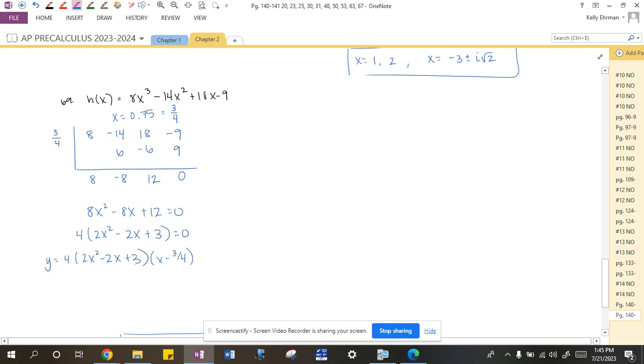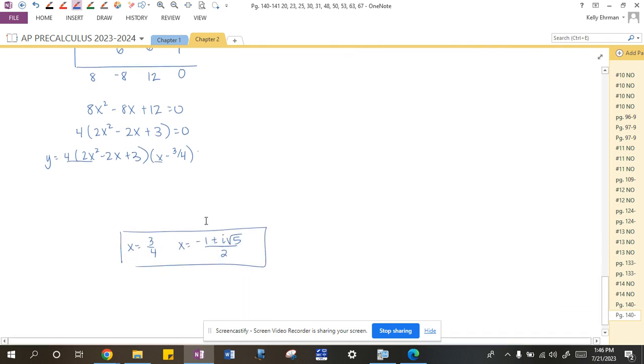This is just a side note. That's because this will already get me 8x to the third. If I made it 4x minus 3, I think I said it backwards last time. If I made it 4x minus 3, then I would be multiplying to a larger coefficient, so I wouldn't want that. Anyway, that's not necessary to solve.